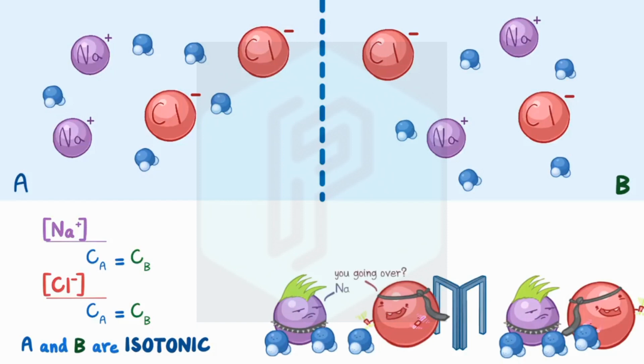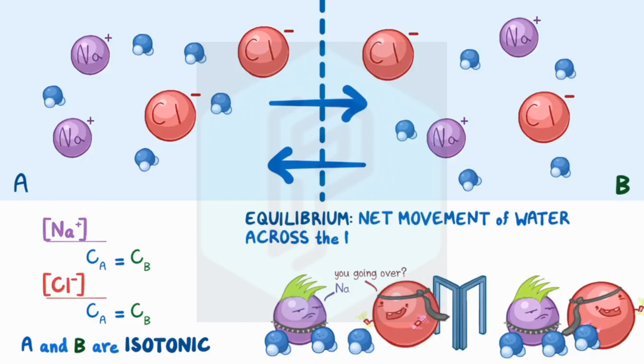Now, some of the water molecules might go through one of those doors, to go from party A to party B. And some water molecules might go in the other direction, from party B to party A. But the truth is that water molecules aren't particularly drawn to either compartment, because crossing the membrane to go one way is just as easy as crossing the membrane to go the other way. We call this point equilibrium, and in this particular state, the net movement of water across the membrane is zero.